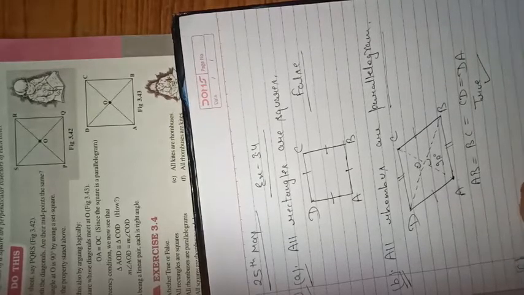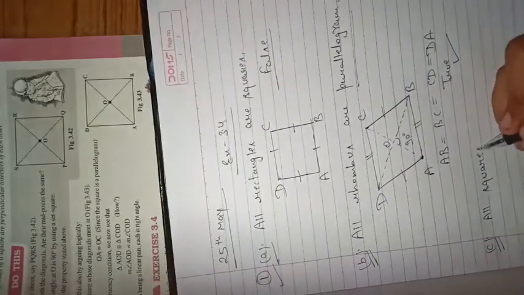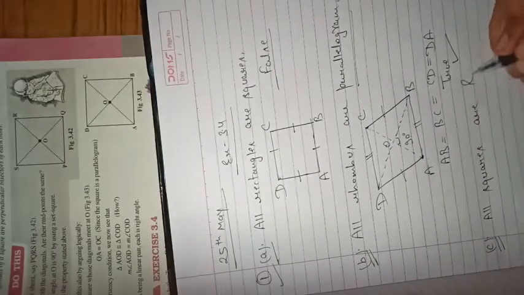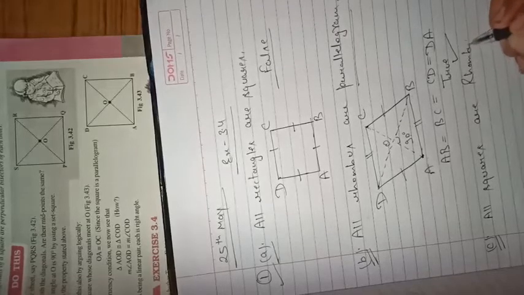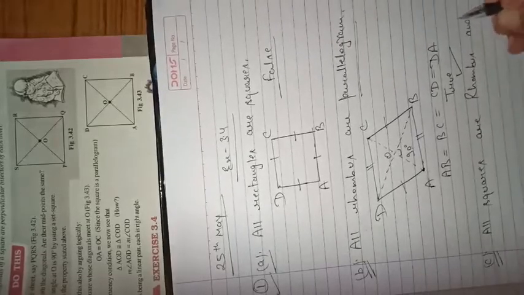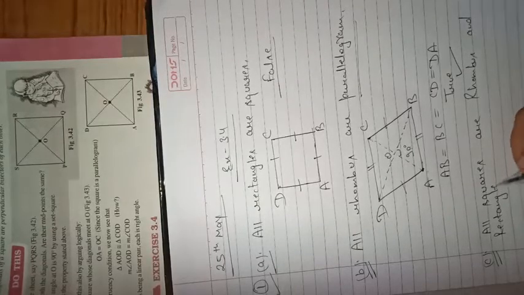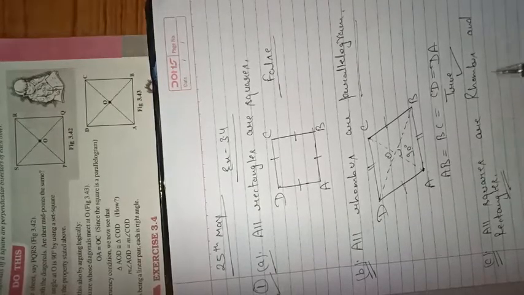Now students, C part is all squares are rhombus and rectangles. So we should discuss all the properties of rhombus and rectangle.